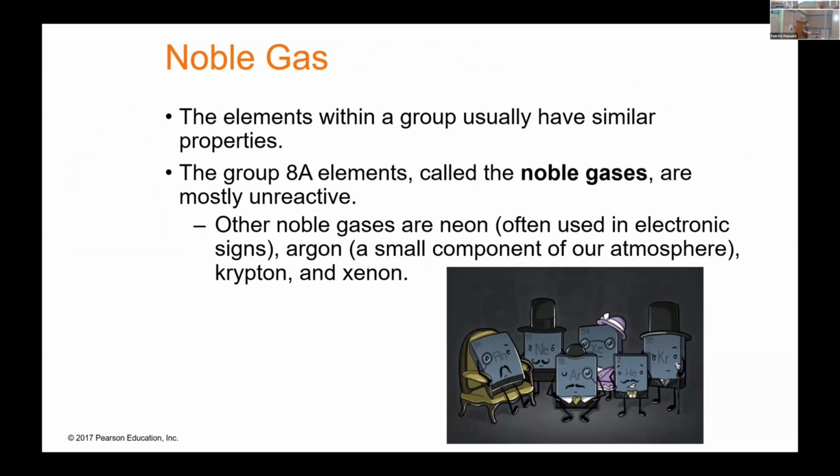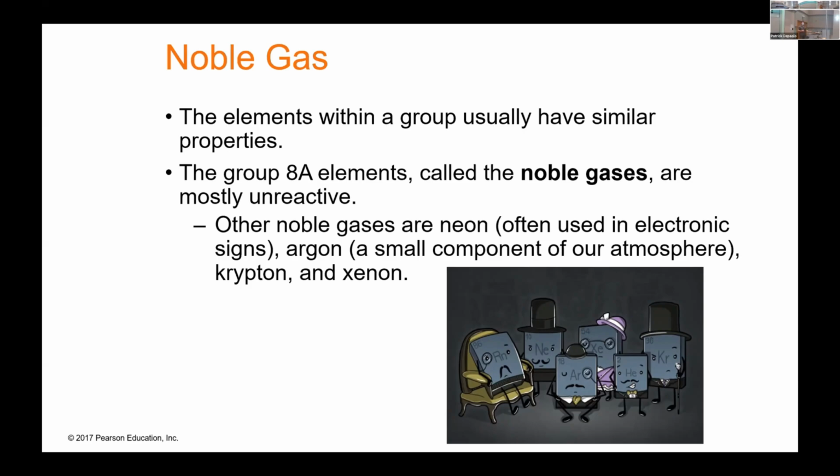The way I like to think of them is they look like no-nonsense molecules, right? They're very intellectual. They don't like to argue on Facebook with people. They're very non-reactive. Another example is the royal guards in London with the funny hats.